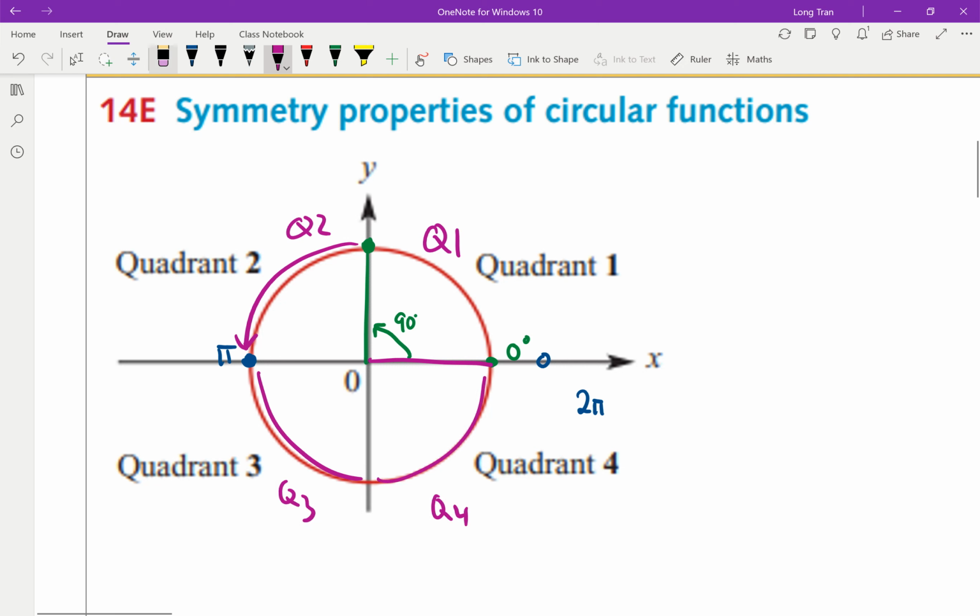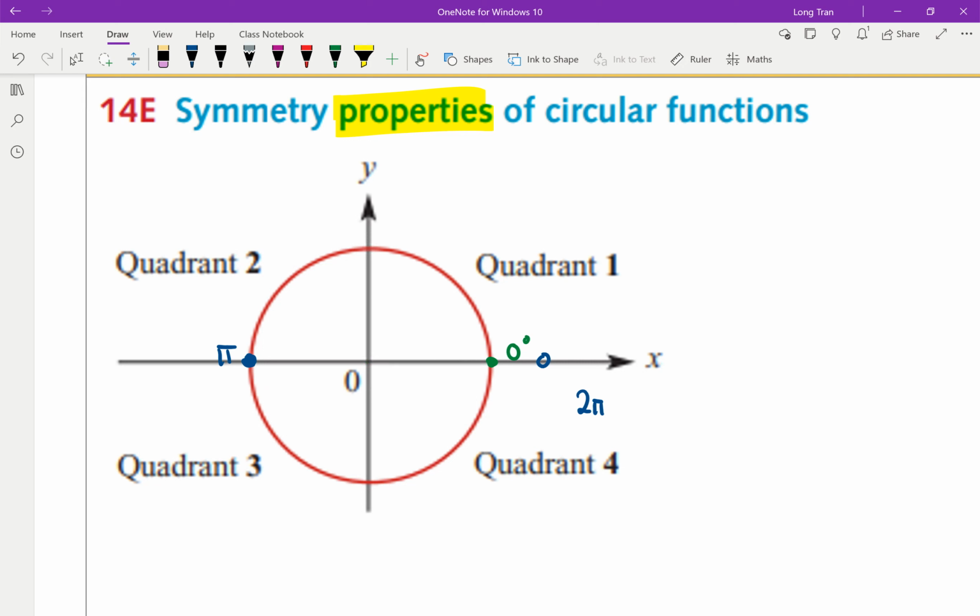The reason you need to know Q1, Q2, Q3, Q4 is because in each and every one of these quadrants, there are some special properties, which is what I want to teach today. There are ways to memorize this, there are acronyms for it, but I prefer you don't learn the acronyms. Instead, I want you to understand it from the unit circle perspective.